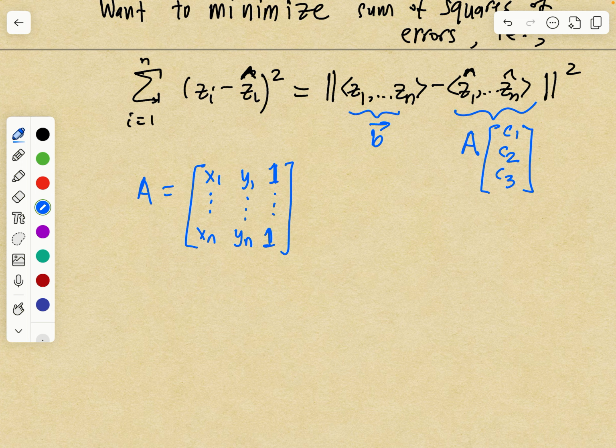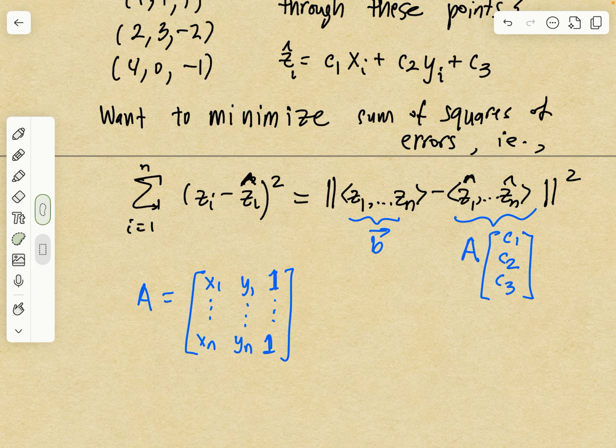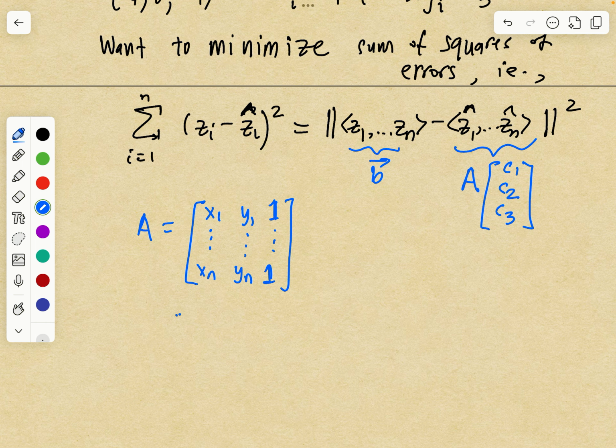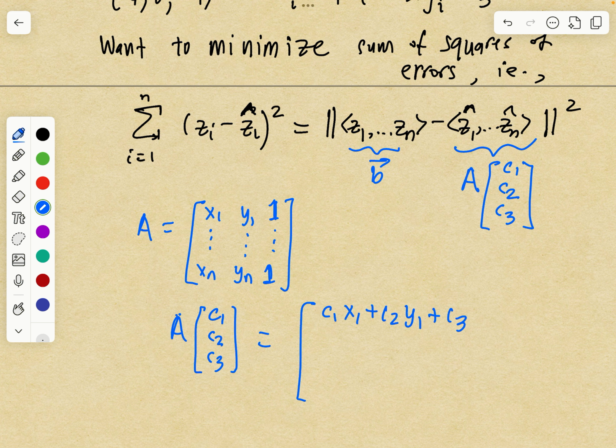Okay, let's just multiply this out. If you take A times (c1, c2, c3), you're going to get c1 x1 plus c2 y1 plus c3, c1 x2 plus c2 y2 plus c3, all the way to c1 xn plus c2 yn plus c3.